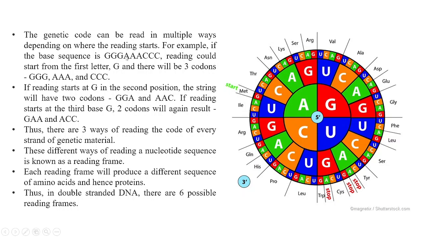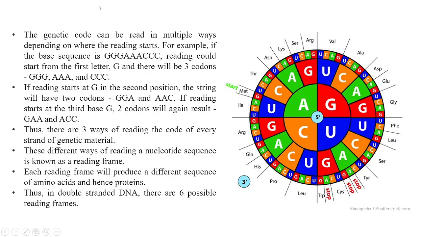If we move to A, it will be AAA, CCC, again the same reading frame as the first one. These different ways of reading a nucleotide sequence are known as reading frames, and each reading frame will produce a different sequence of amino acids and hence proteins.